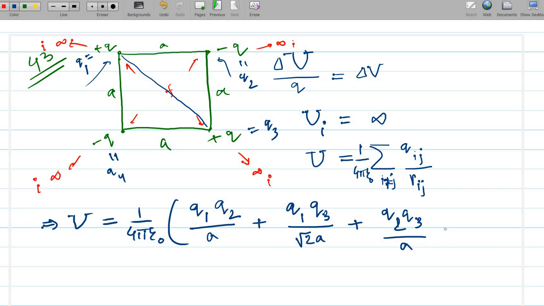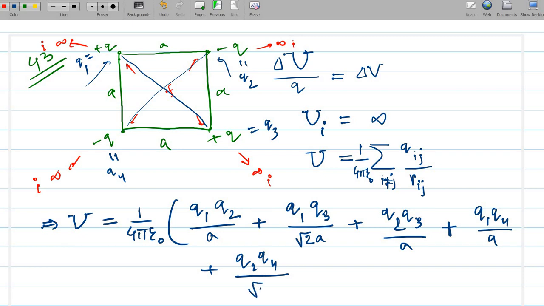Now you have Q1, Q2, Q3. Now you have to bring in Q4. So what would it be? Consider Q1: you have Q1 Q4 divided by A. Consider Q2: you have Q2 Q4 divided by square root of 2 A, that's the distance from Q2.